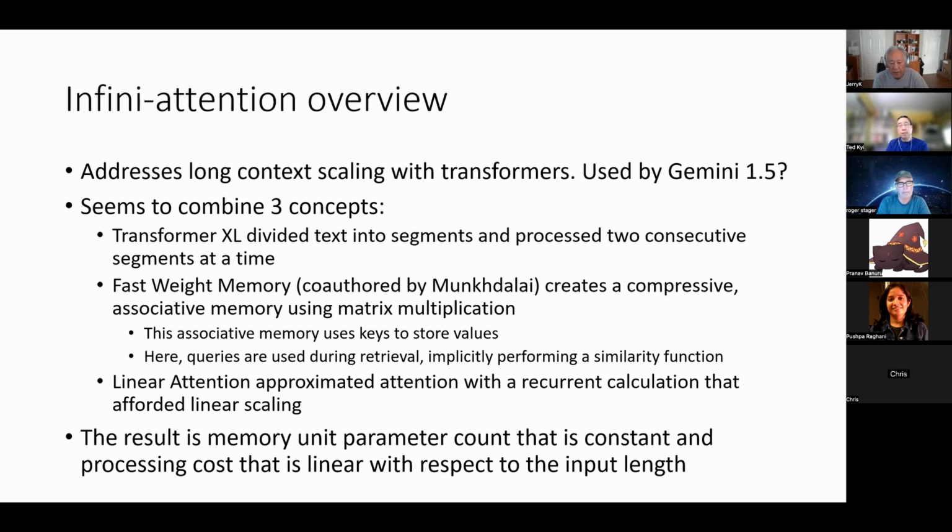One of them is the Transformer XL model, and basically what they did is they divided the text into segments and processed two segments at a time. One segment was a normal window of things, and the other is a history. And we'll talk about that.